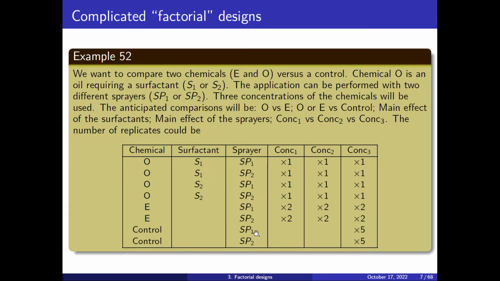We have multiple concentrations, so we will do one experiment with this combination, one with this second concentration, and one with this third concentration. If we count how many O's we have, 12 O's, we will also have 12 E's, and we could have 5, or expand it to 6 controls. So all the chemicals and controls have approximately the same number of samples.